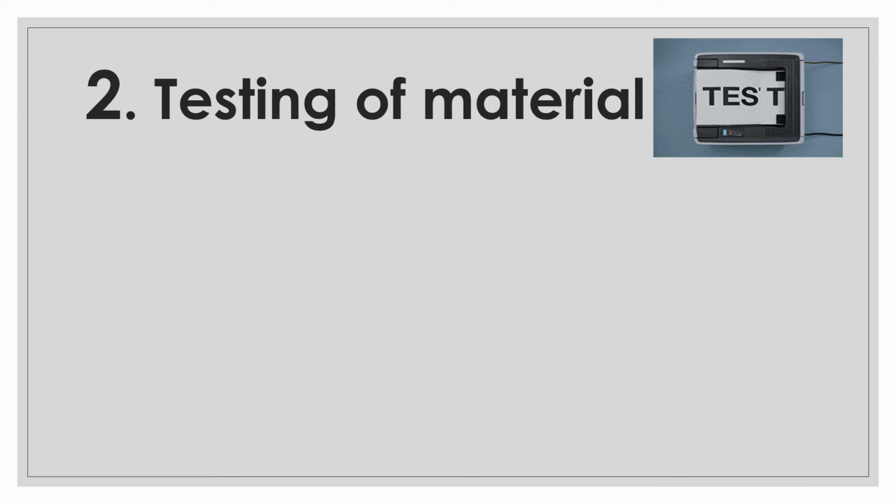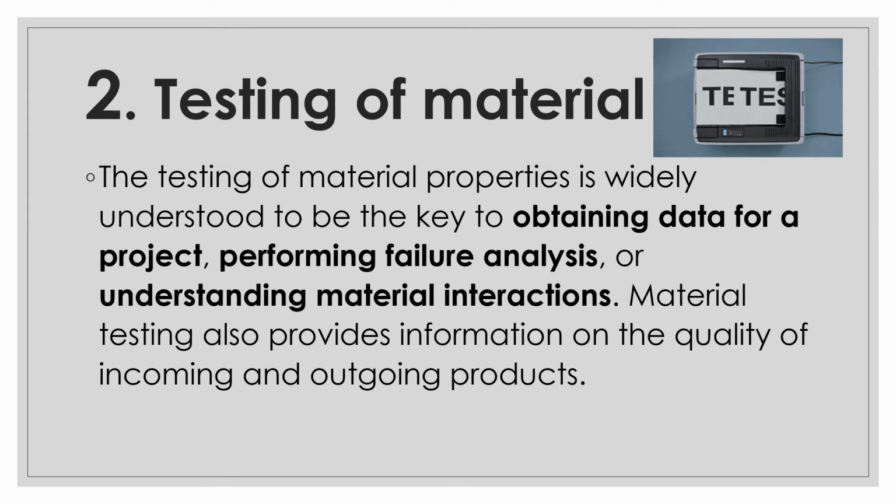Let's proceed with number two, testing of material. The testing of material properties is widely understood to be the key to obtaining data for a project, performing failure analysis, or understanding material interactions. Material testing also provides information on the quality of incoming and outgoing products.